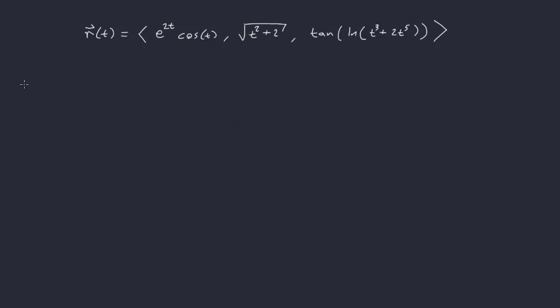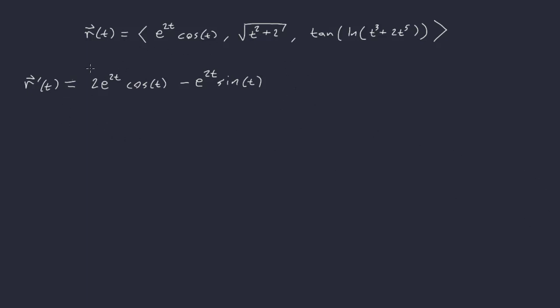But r prime is just going to be, well, we'll take the derivative of the first component, which is going to be a product rule, since we have two things multiplied together. So it's the derivative of the first, 2e to the 2t times cosine of t, plus the first left alone times the derivative of the second, negative sine of t. So let's make that a minus sine t there. And that is going to be our x component.